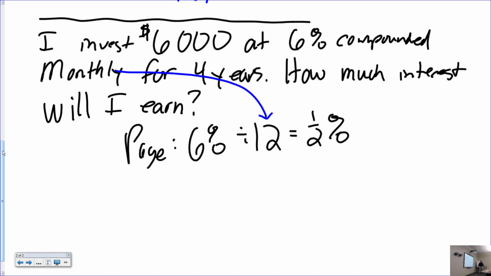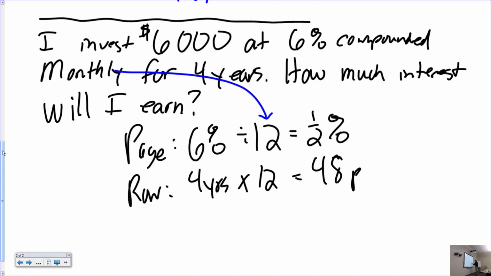Technically, how many periods are there, folks? What row are we going to go to? 48. 4 times 12. There will be 48 periods of interest. Folks, you do not want to have to do this one the long way. That would suck.